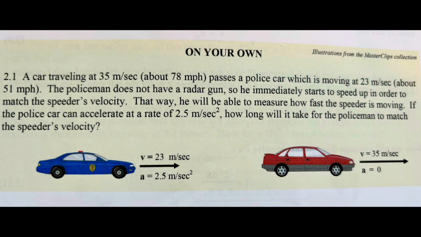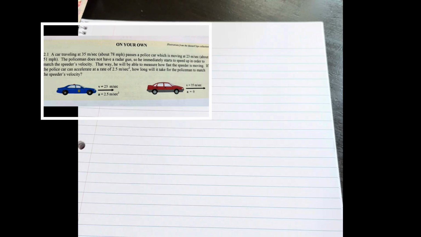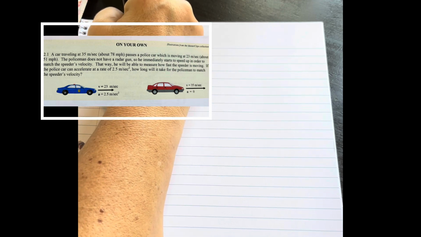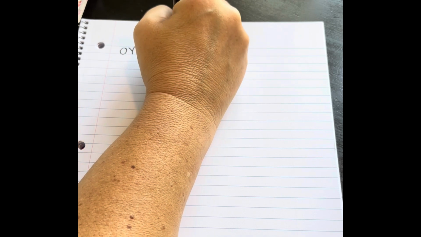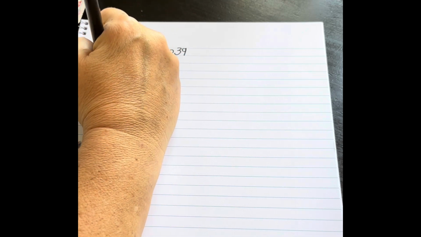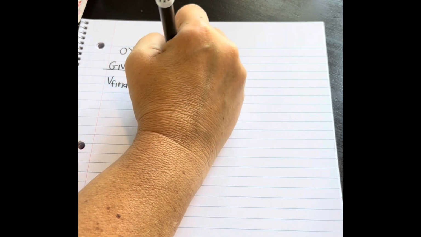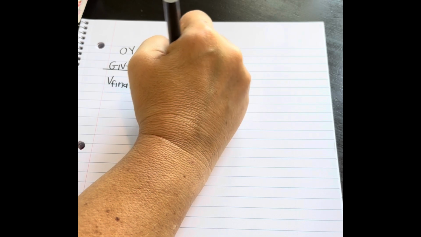All right, we should always start with writing down what's been given in the problem. So on your own 2.1 on page 39, let's list out what is given. It tells us the final velocity. So again, V final, which we just renamed as V, equals 35 meters per second.